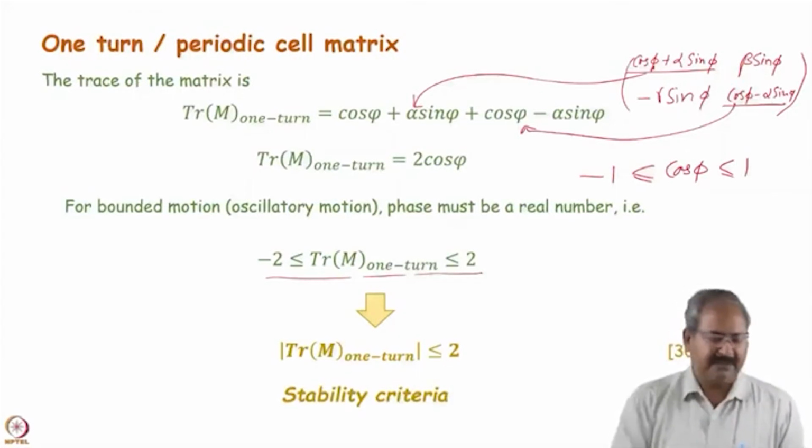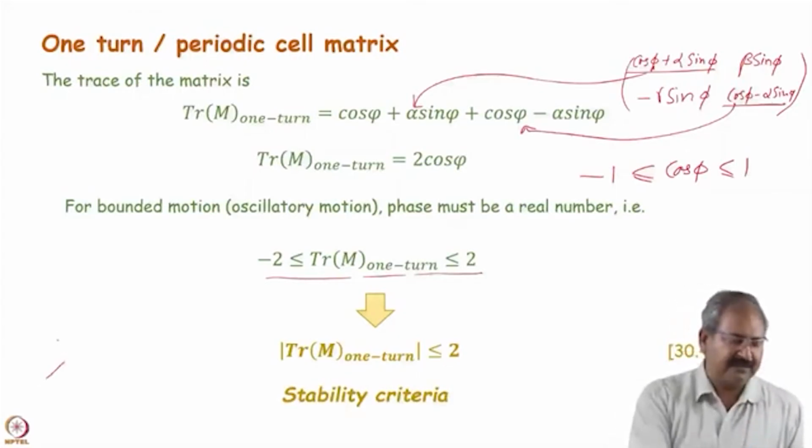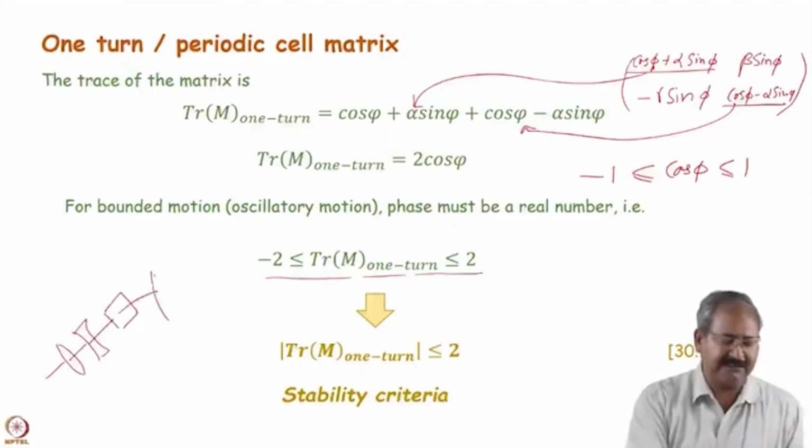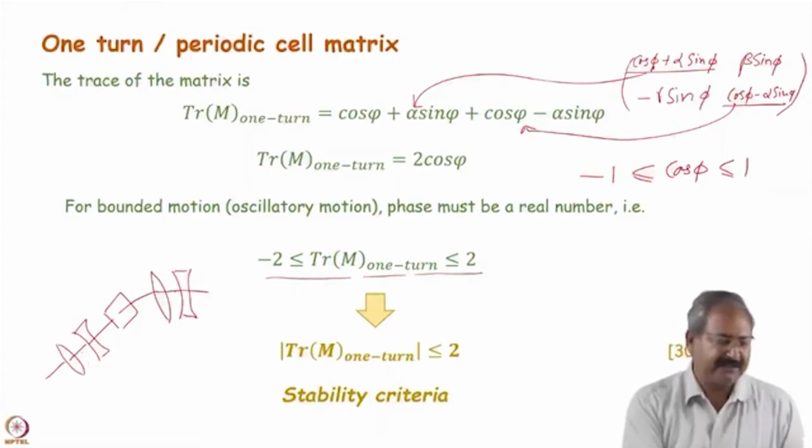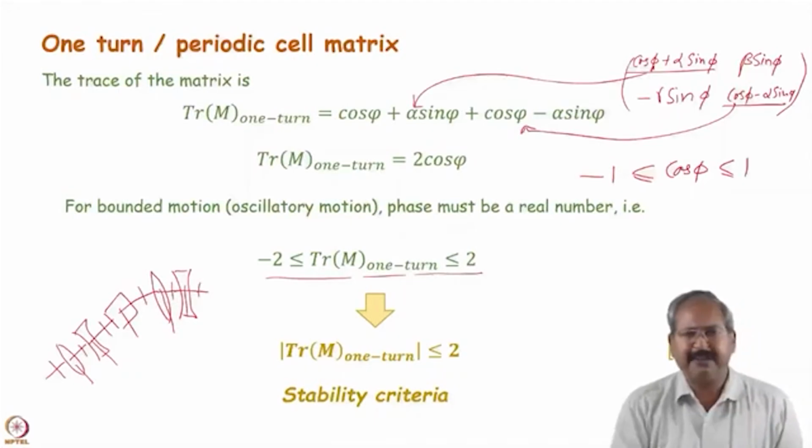What does that mean? Suppose we are connecting various magnets for making the optics like this, and now by putting matrices of each element: first element is drift, then a focusing lens, then drift, then a defocusing lens, then drift, then a dipole magnet, then drift, then a focusing lens, then drift, then a defocusing lens, then drift, and we multiply these matrices to get an overall transfer matrix.